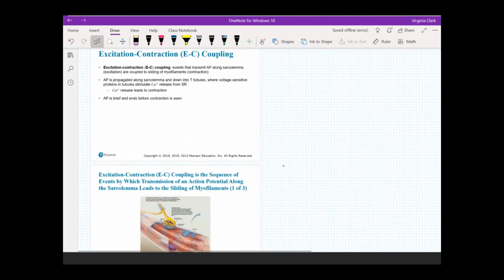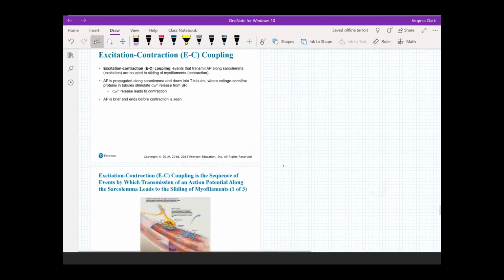Now we only have the last two parts. We have phase two to do, which was excitation, contraction, coupling. So we have communicated from our neuron down to our muscle through the neuromuscular junction. And then we have communicated across our sarcolemma, across our muscle fiber, that we now have a change in our membrane potential.